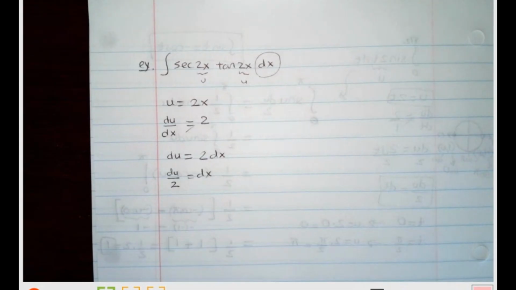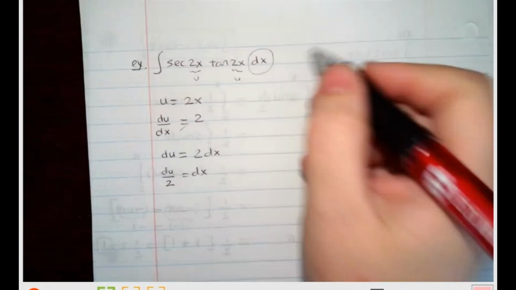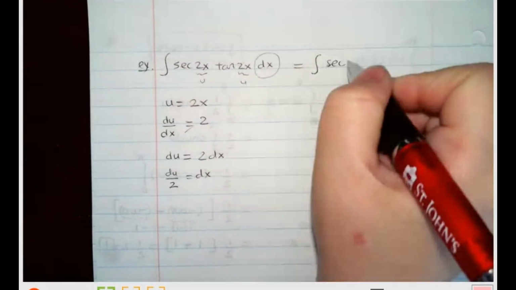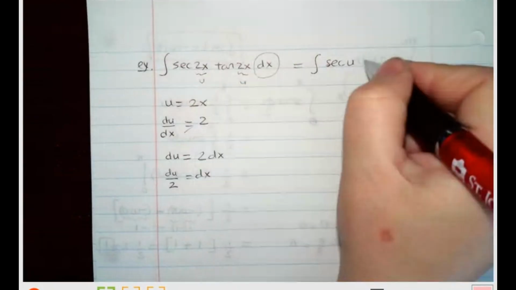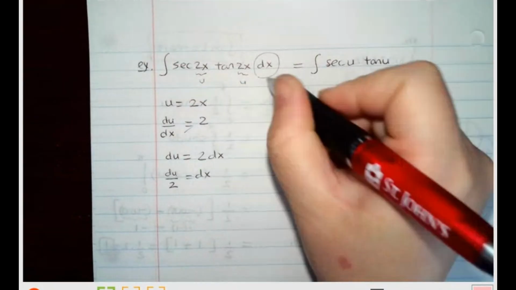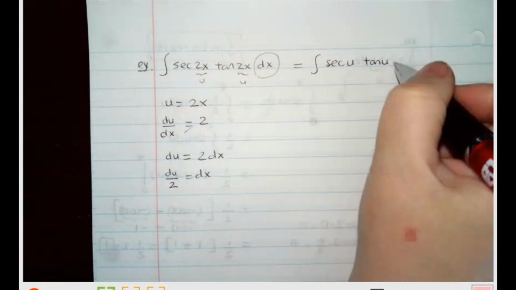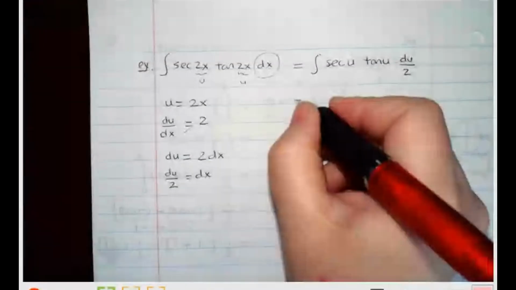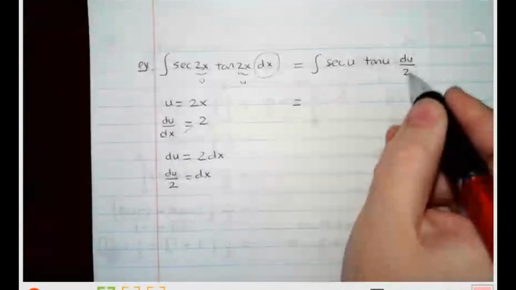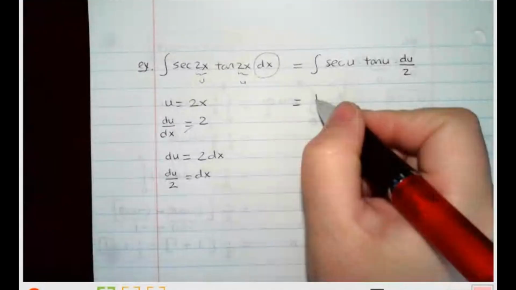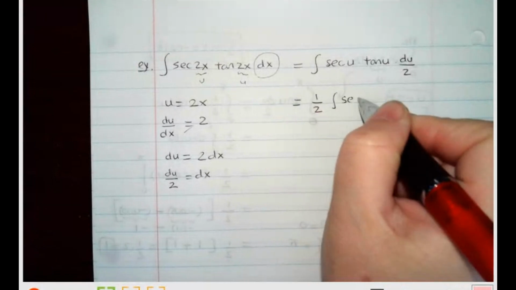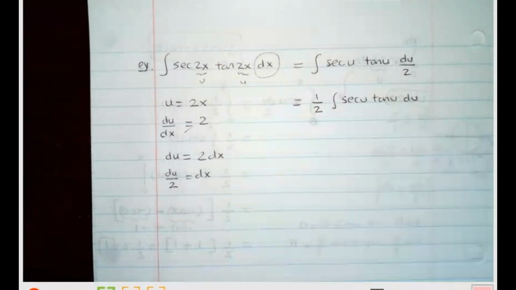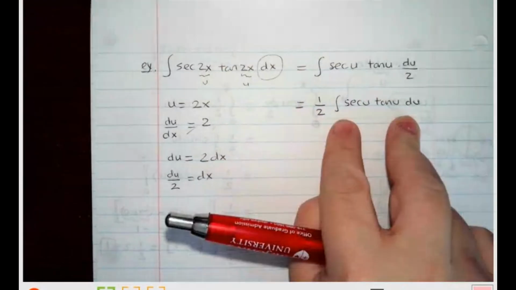Okay, so now this integral will become secant of u times tangent of u times du over 2. Instead of dx, we have du over 2. So let's take this out of the way. Whenever we have constants inside the integral, we should carry them out. And now, does this integral seem familiar to you?